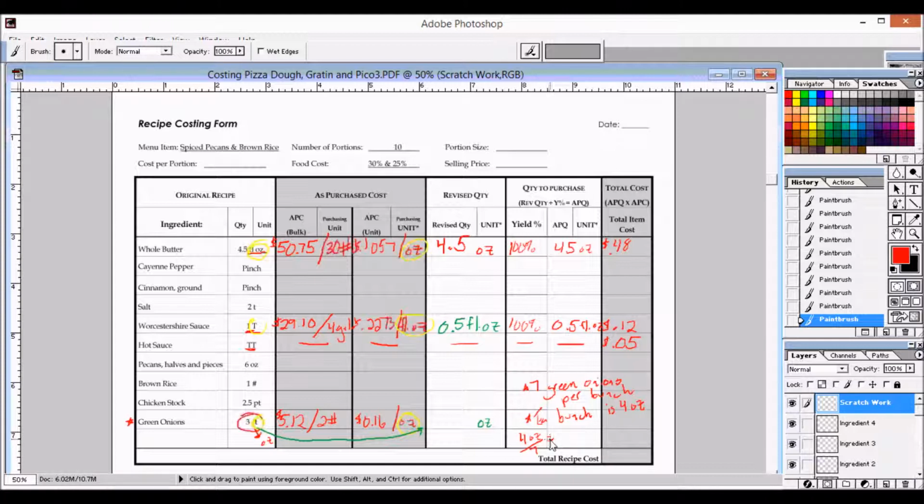When I do 4 divided by 7, I end up with a really weird decimal: 0.571428, and so on. I'm just going to take it to 4 places: 0.5714 ounces per onion. Now that's per 1 onion, but this recipe calls for 3 onions.